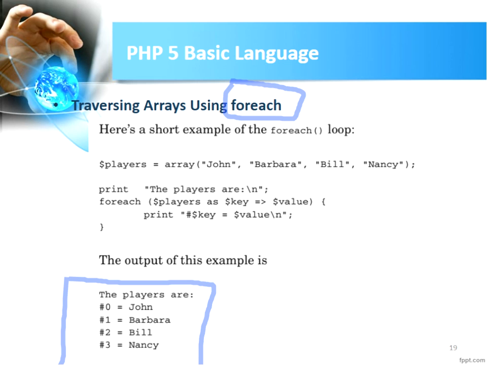So to create this output, I will use the foreach loop. Here the first argument will be the name of the array. In our example, the name of the array is players. Is it clear?